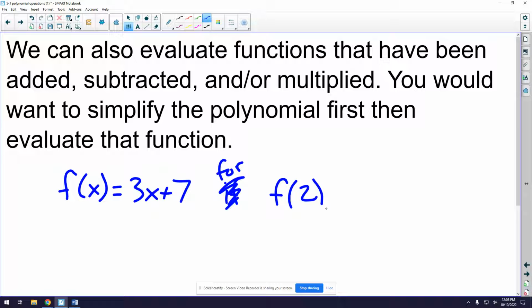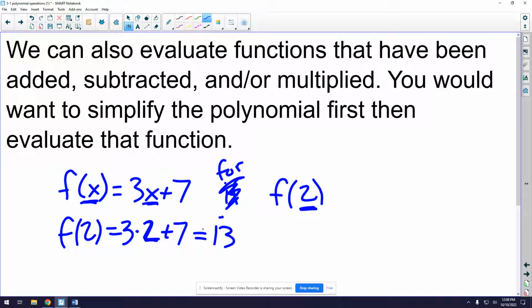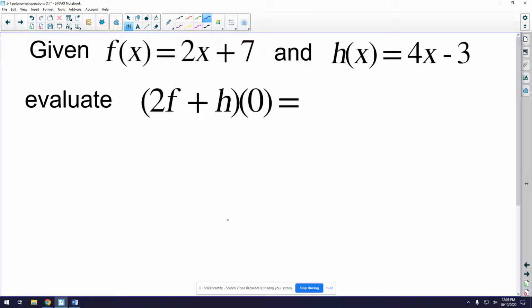So if I gave you the function f of x equals 3x plus 7, and I want you to use f of 2, the 2 is inside where the x is, so to find f of 2, you're going to just replace all of the x's with a 2. So 3 times 2 plus 7, which would be 13. So we're going to do the same thing, except first we need to simplify our function using our addition, subtraction, multiplication, whatever, and then evaluate.